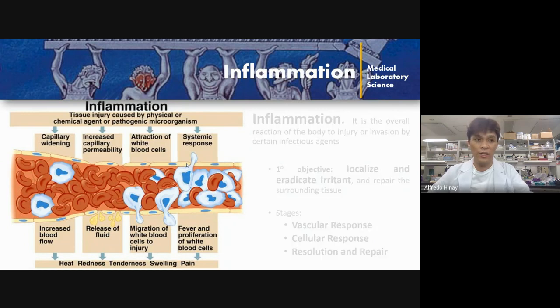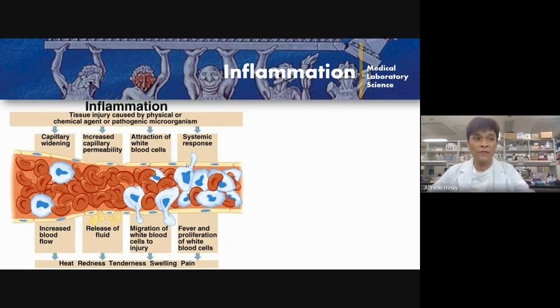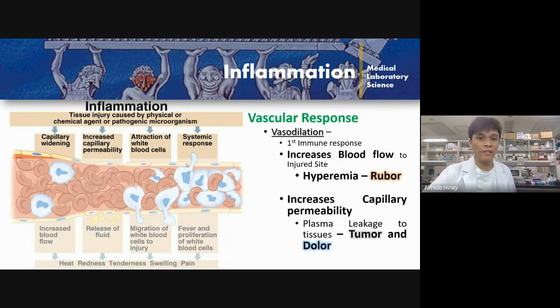Let's start with, of course, the first stage, your vascular response. In your vascular response, the first response we have is your vasodilation. So vasodilation means that, for example, ito muna, class, this one is the normal space of your vessels, and then if you have your vasodilation, it will enlarge.